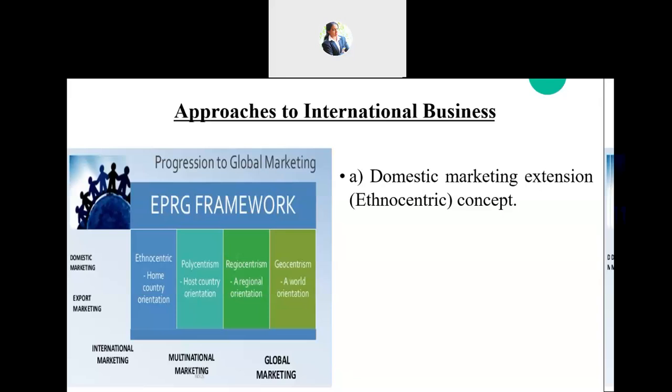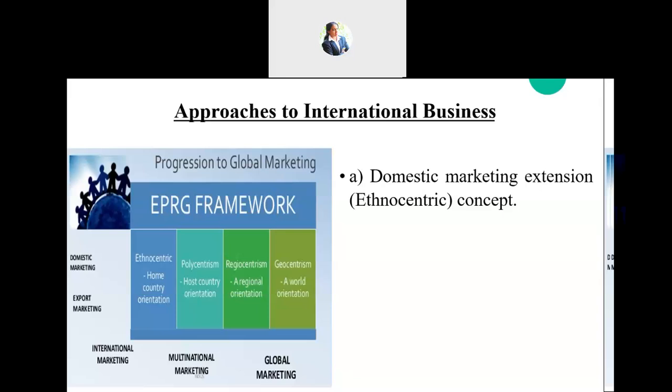And that's why all these characteristics of the business make it an ethnocentric based organization in the EPRG scheme.